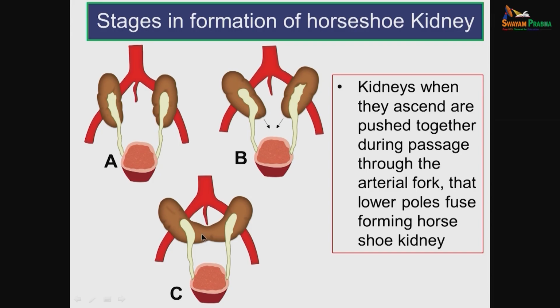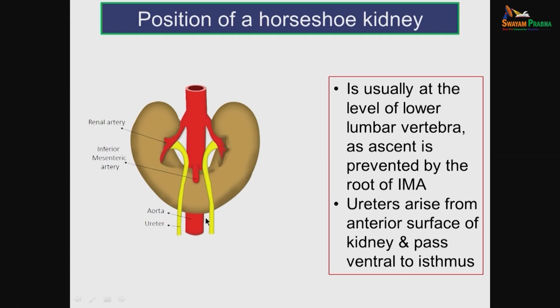Please note, these inferior poles are fused and this portion is called the isthmus. So, what you are seeing here is inferior poles are fused and this is the isthmus. This is the abdominal aorta and you can see the origin of the inferior mesenteric artery, that is usually at the level of the L3 vertebra.